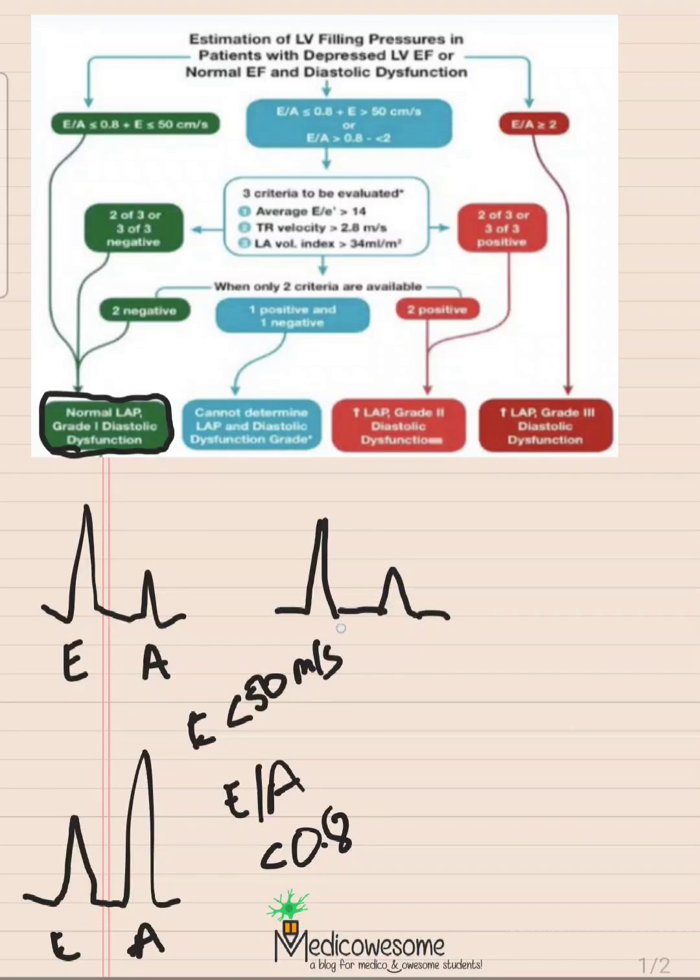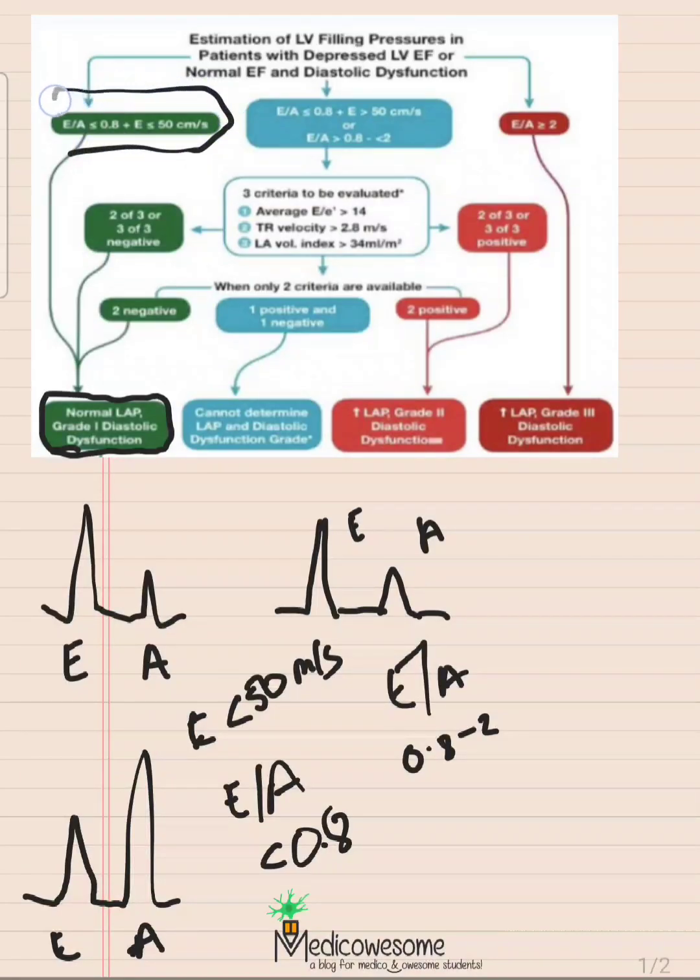And so you have this pseudo normal filling pattern, which kind of looks like a normal filling pattern. So your E over A ratio is somewhere between 0.8 to 2, and or if you have a discrepancy between the two that we talked about right now. And that's when you think of the three criteria that need to be evaluated.